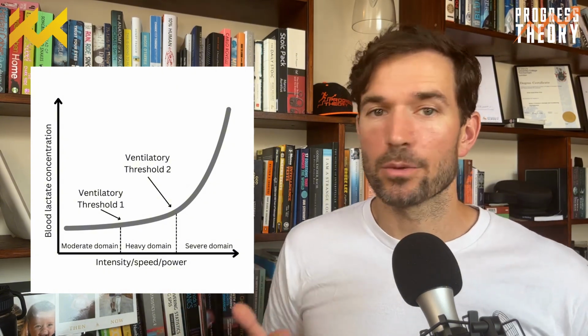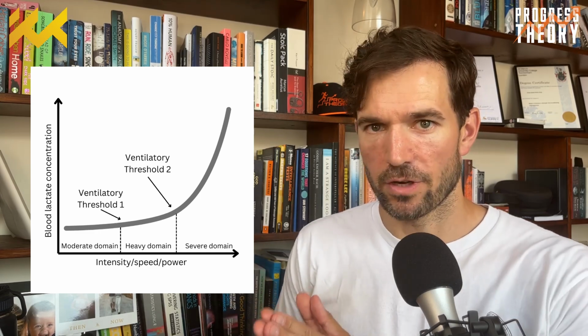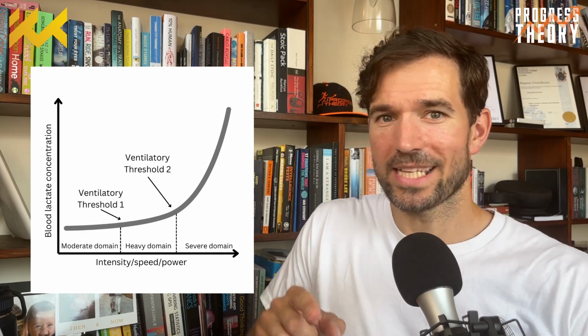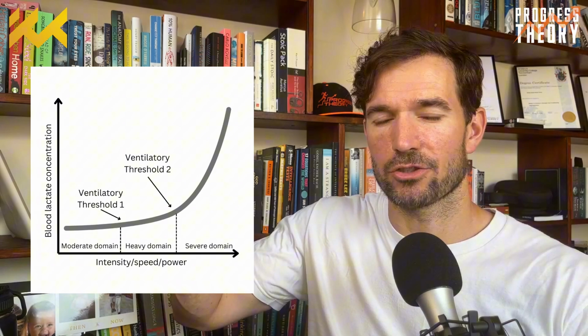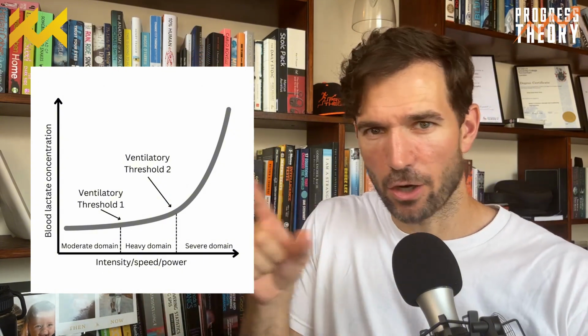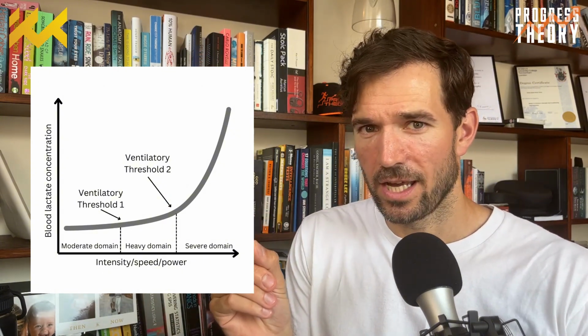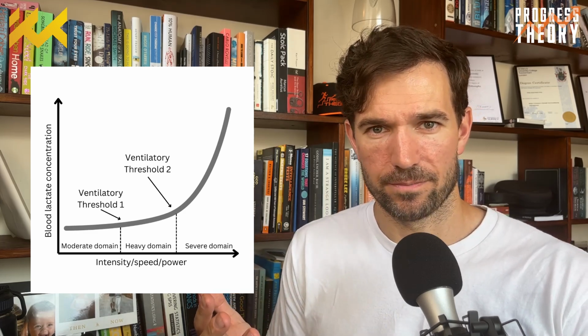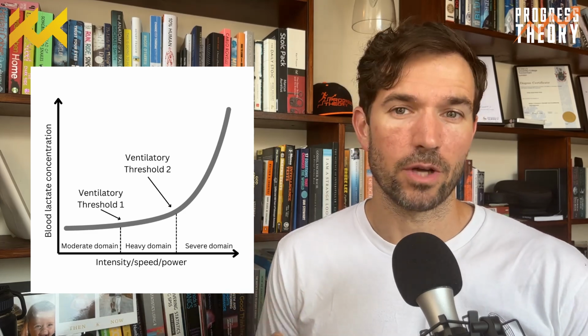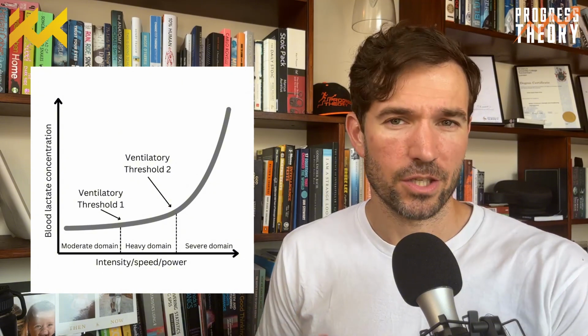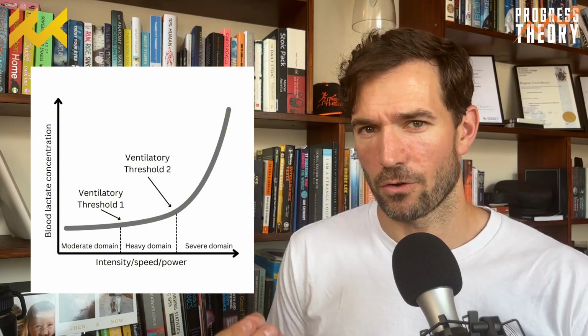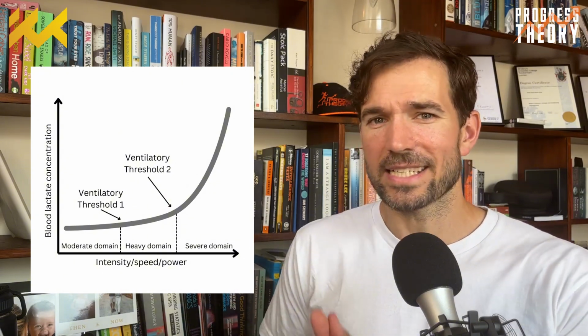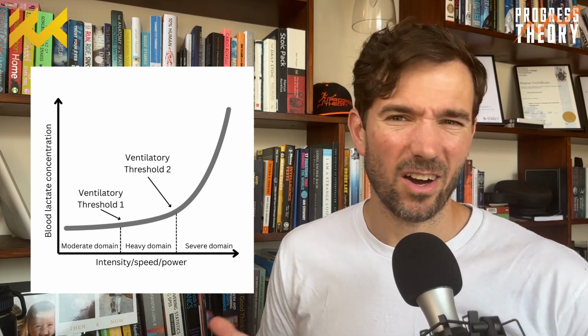Now, if we go back to our graph and look at ventilatory threshold 2, we get this exponential increase in blood lactate concentration, and this threshold, or this area, or this point, is often labelled as the respiratory compensation point. The mechanisms behind ventilatory threshold 2 aren't as well understood as compared to ventilatory threshold 1, but we think similar mechanisms are involved, and that kind of makes sense.